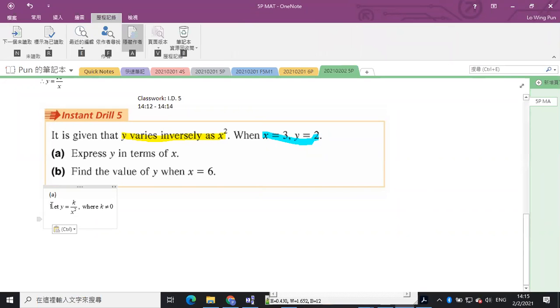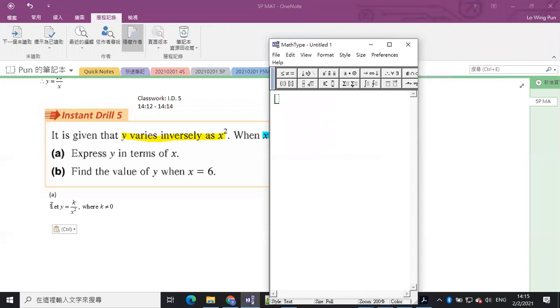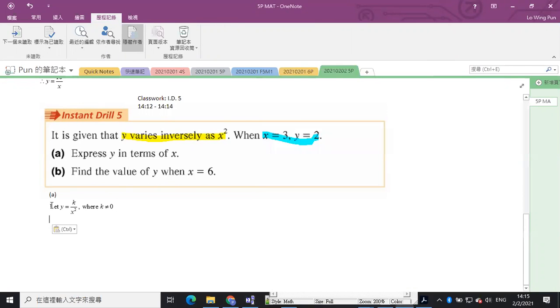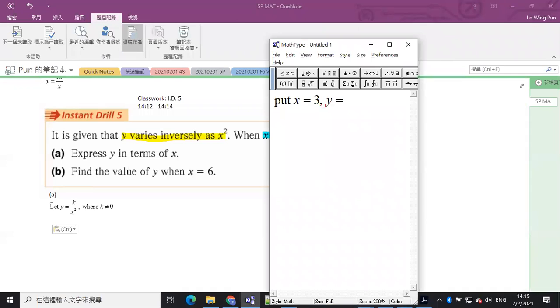And then you just put x equals 3 and y equals 2 into your equation. So 2 is equal to k over 3 squared. 3 squared is equal to 9. So 2 times 9 is equal to k, so 18 is equal to k.